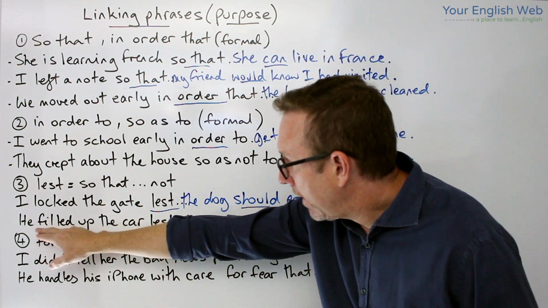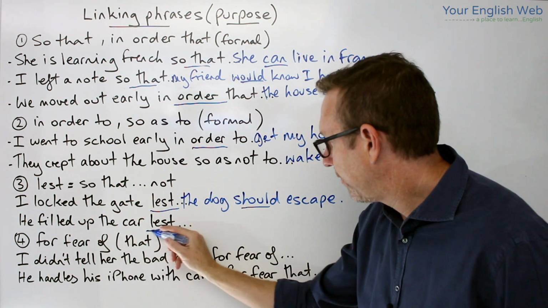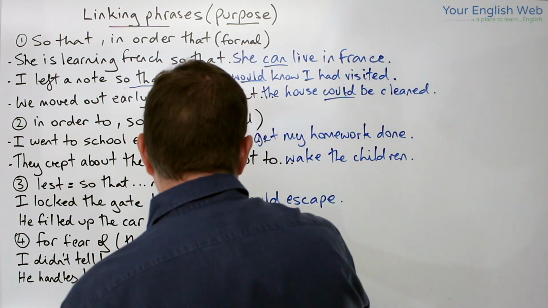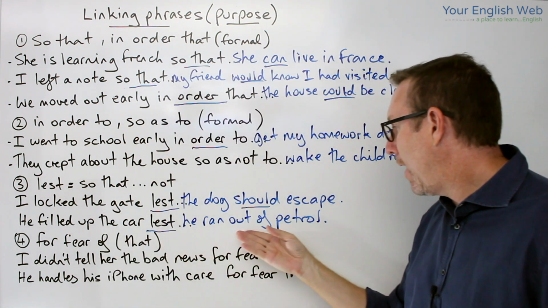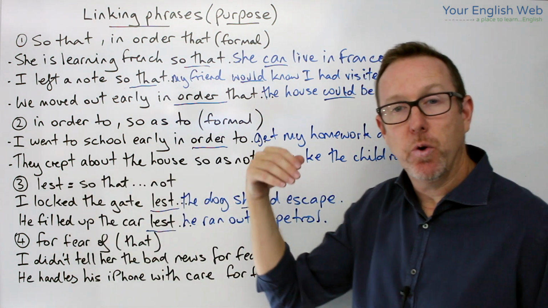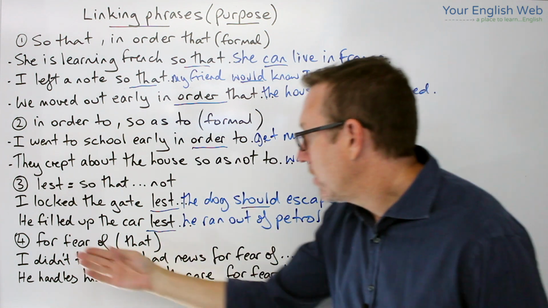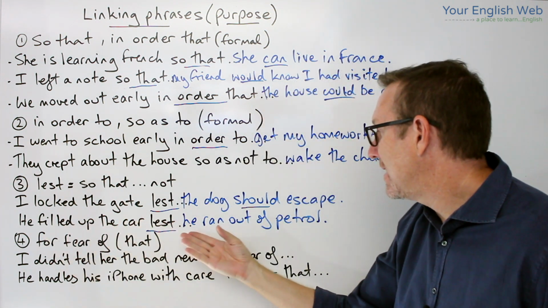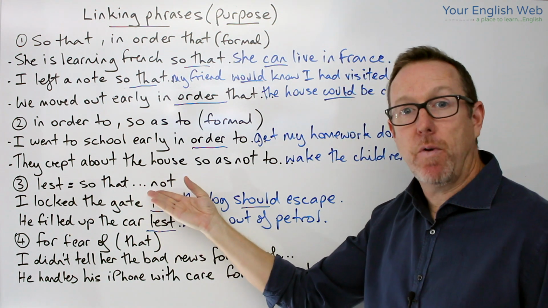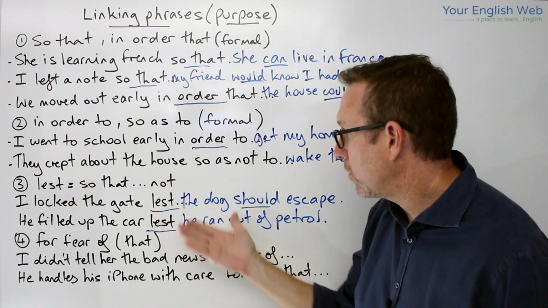The next example, he filled up the car lest he ran out of petrol on the way to work, or on the way to university, or on the way to where he was going. So he filled up the car lest he ran out of petrol, or so that he didn't run out of petrol, okay, or so that he not run out of petrol, let's say, we could say as well.